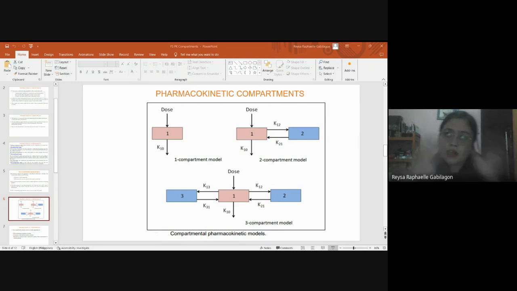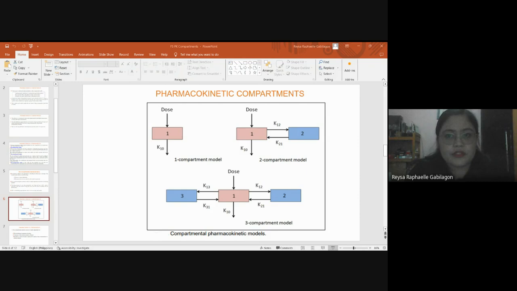So that is why we have a second compartment, as the drug passes between these organs, treated as the second compartment, and then the central compartment, until we reach the equilibrium. So the body will have drugs all over.